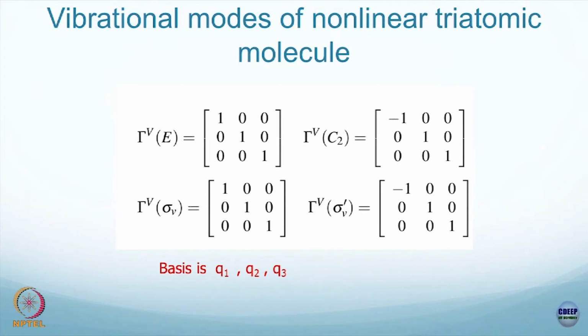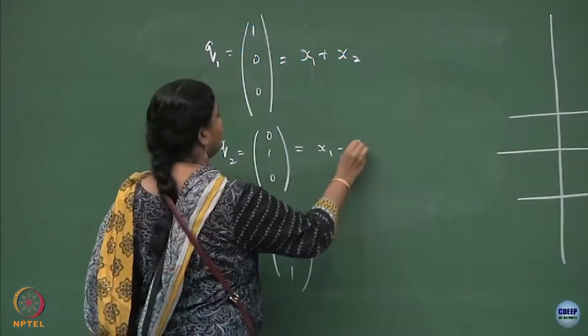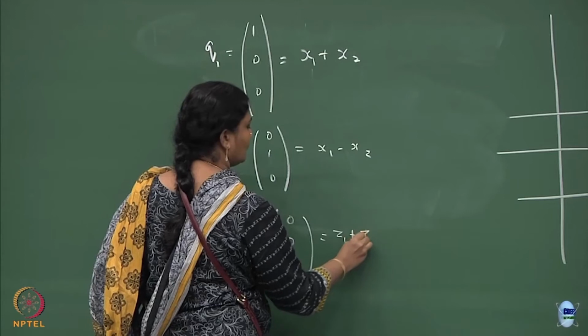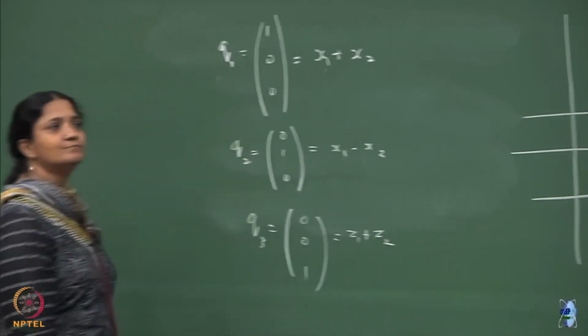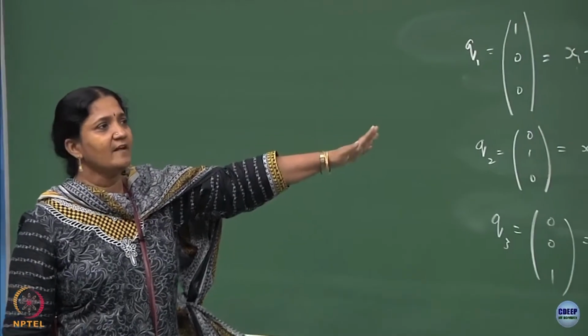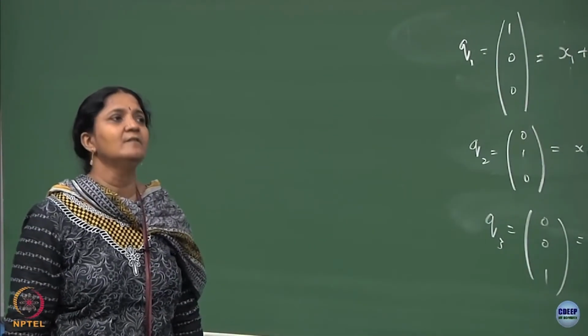Q2 is actually x1 minus x2, and this I think is z1 plus z2. This was known, the right hand side, because of the long method.